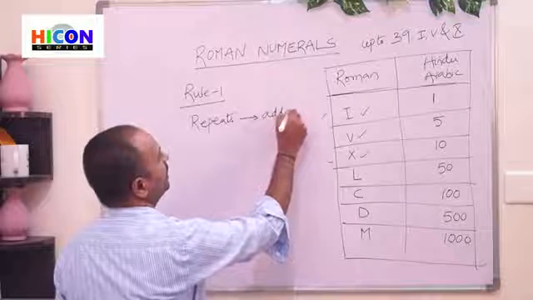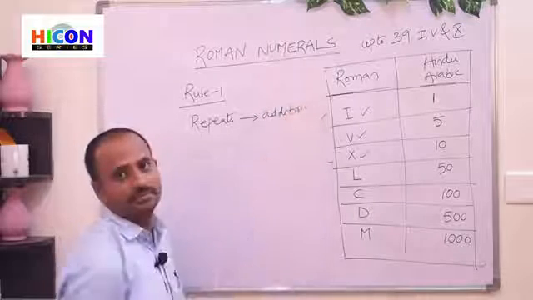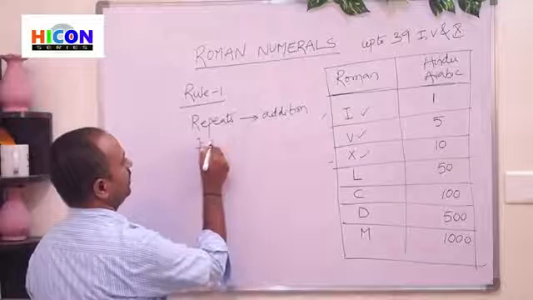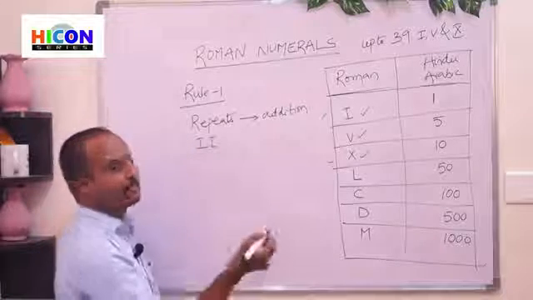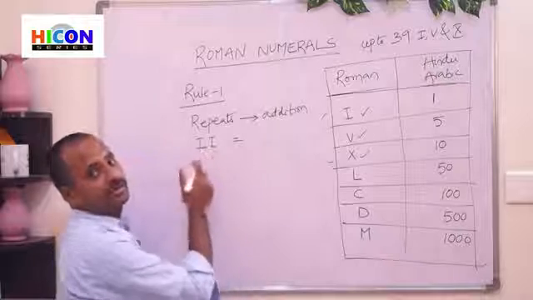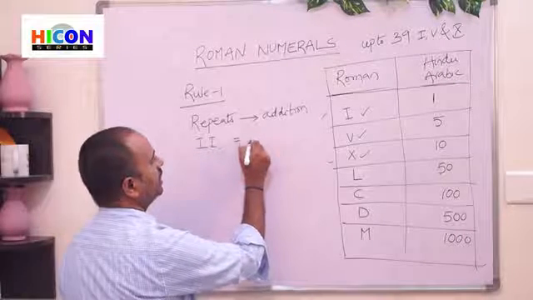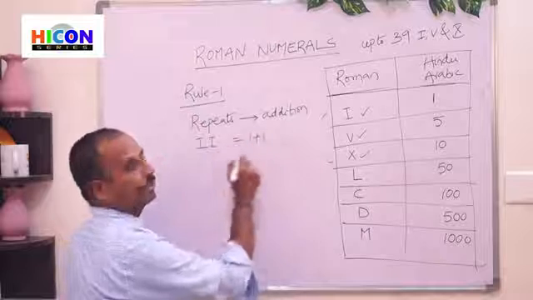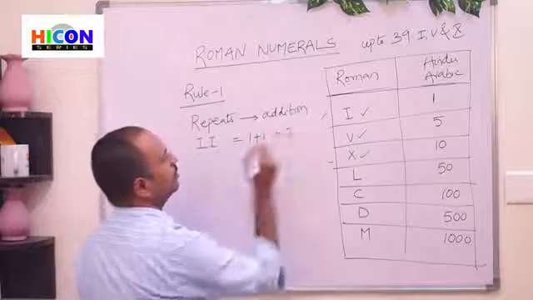For example, I. Here I is repeated 2 times. That means you have to add these 2 values. I means 1 and another I means 1. Now you have to add 1 plus 1 is equal to 2.